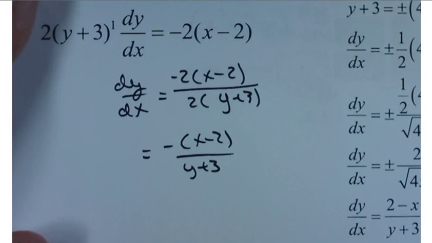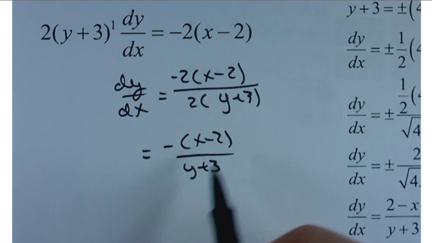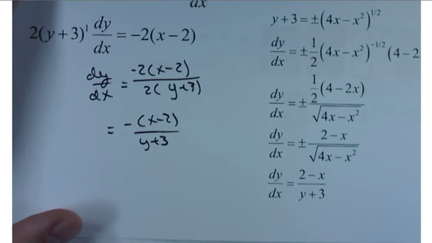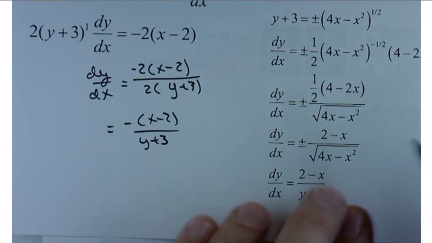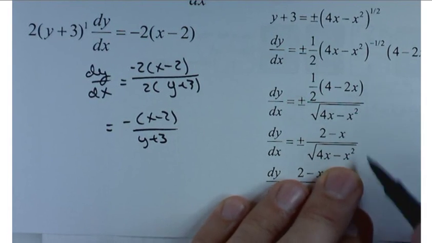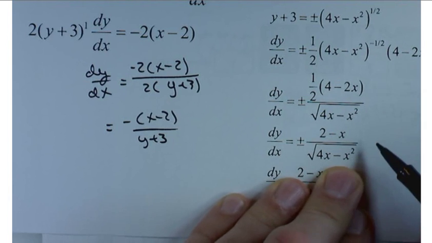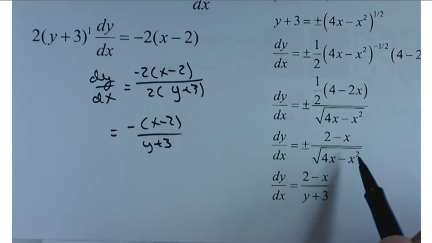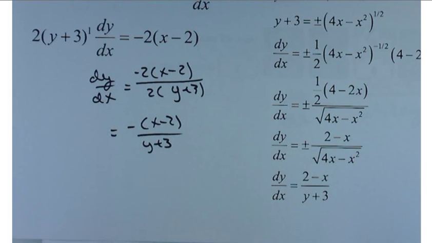All right, you should have gotten something like this. Negative of x minus 2 over y plus 3. Now, how does that compare to our explicit derivative? Well, here's our explicit derivative. The difference is here we don't have anything for y, right? It's just all in terms of x. That's what we're used to.